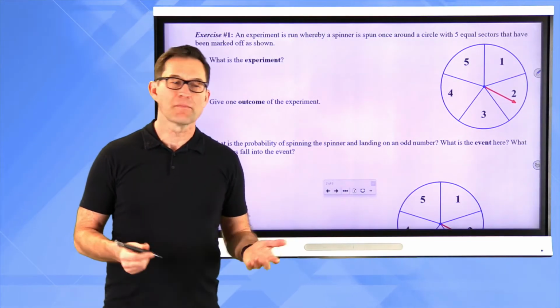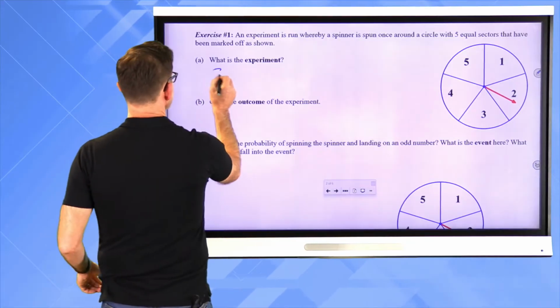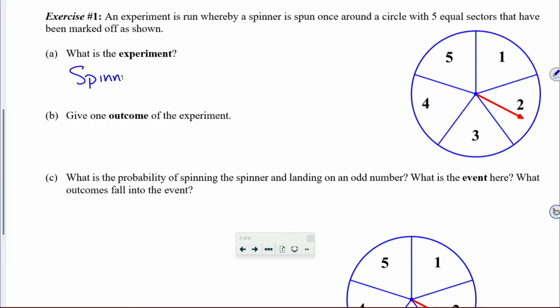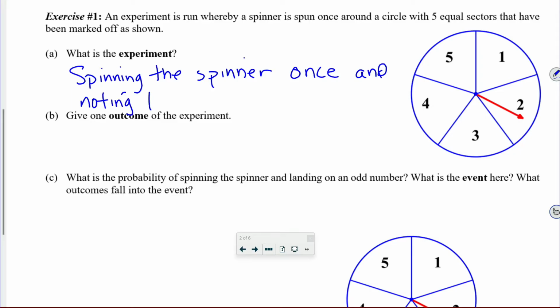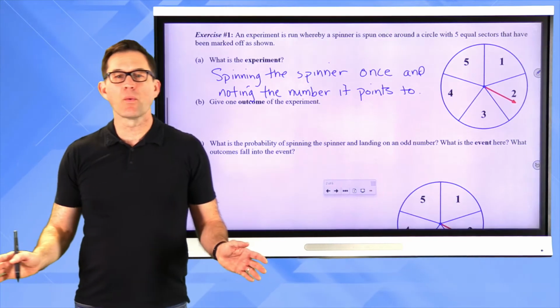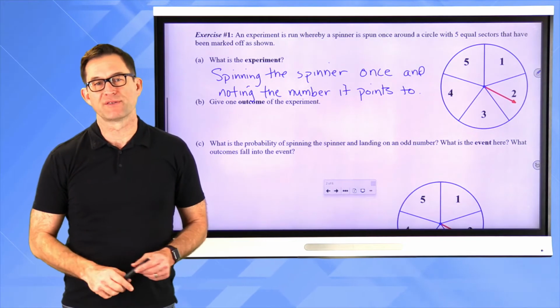But in this case, the experiment literally is spinning the spinner, or arrow, once, and noting the number it falls on, or the number it points to. All right, very simple, right? Spinning the spinner once and noting the number it points to.